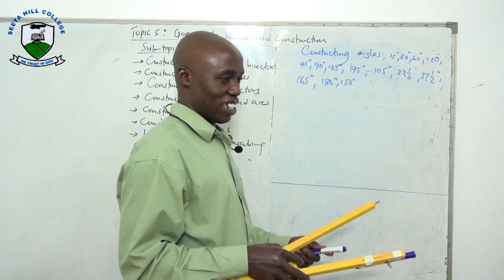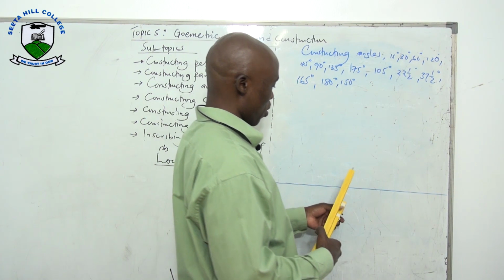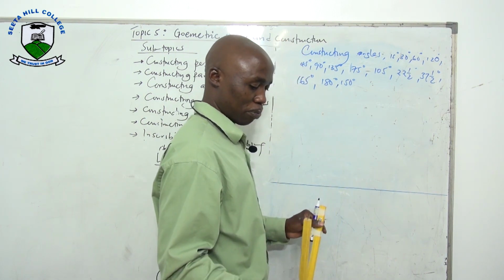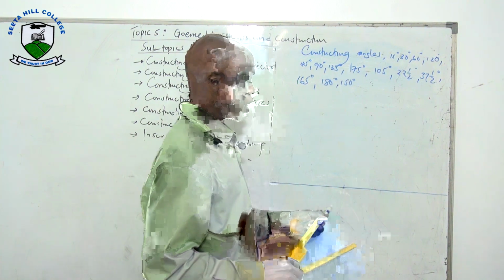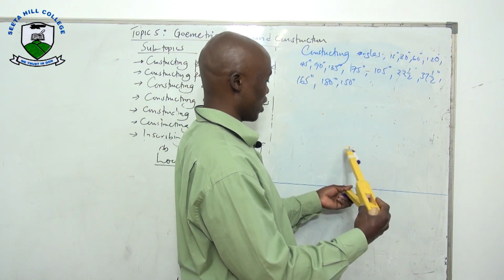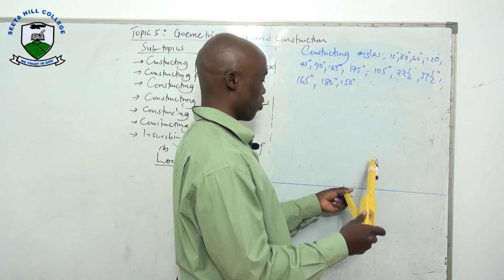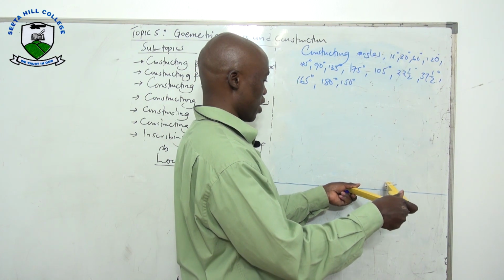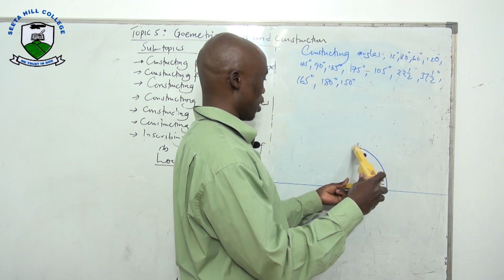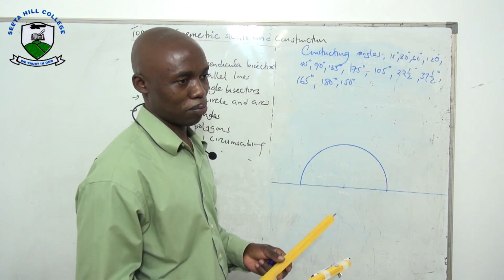Let us start. I'm going to have a point somewhere. 180 is just drawing a complete what? A semicircle, and I'll have received 180 already. That means 180.